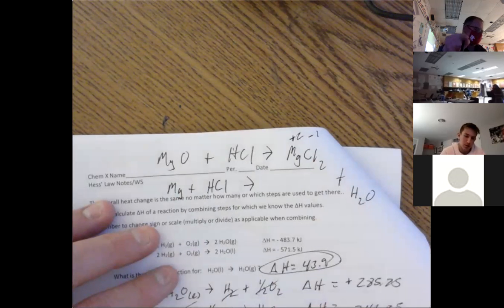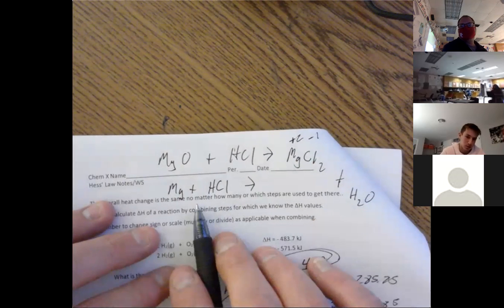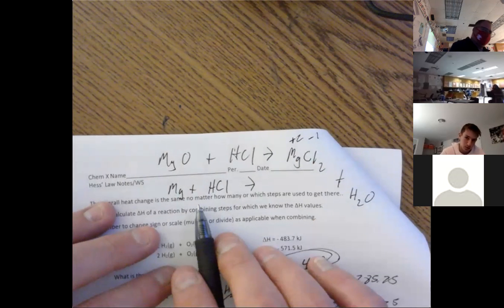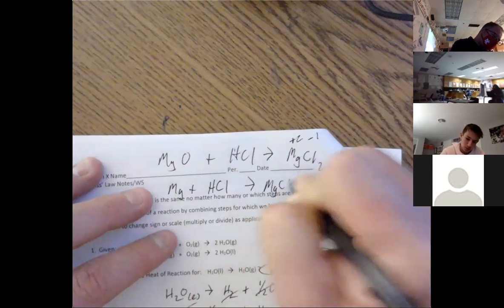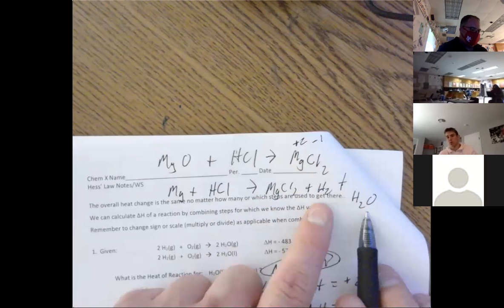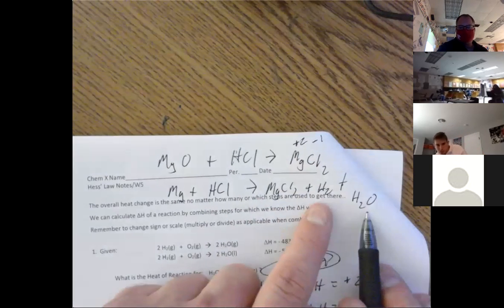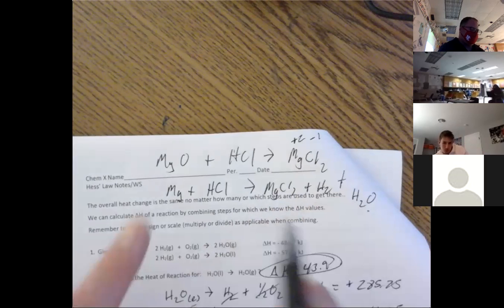Magnesium chloride and oxygen? Nope. Magnesium chloride and hydrogen gas. If only there was something that we could make with H2 and H2O. What could we react H2 with to make H2O? Oxygen. So here are two of our reactions.